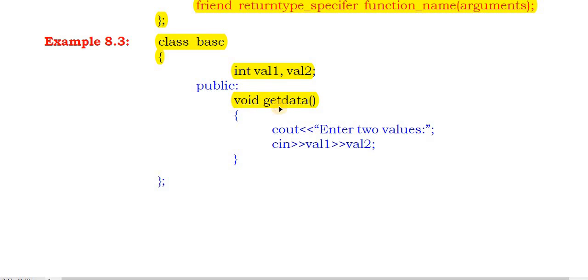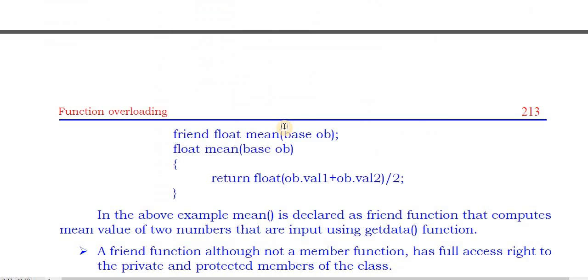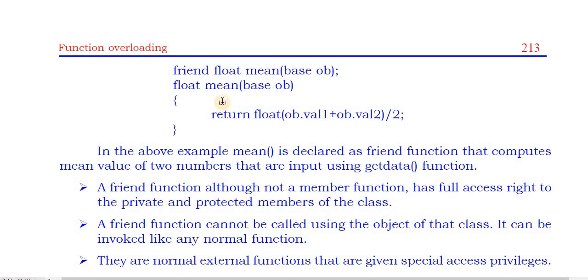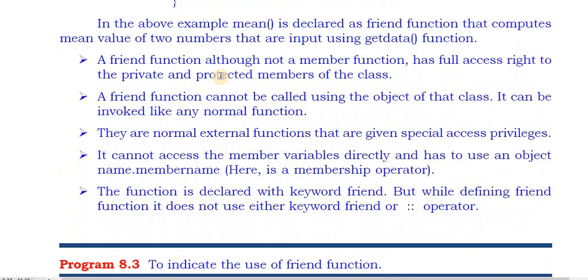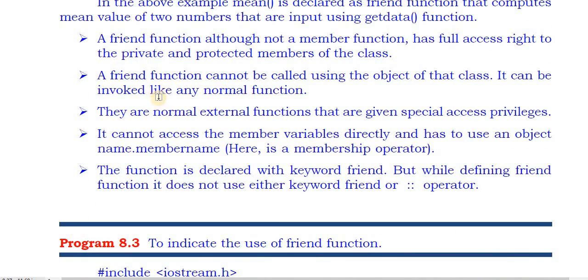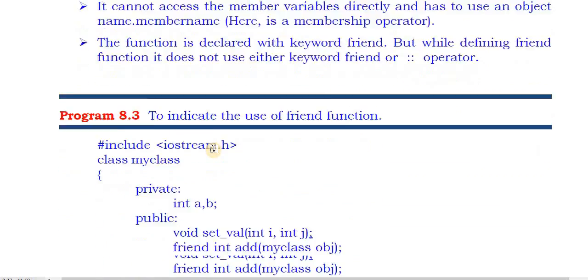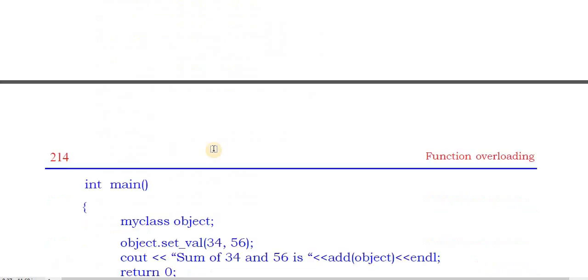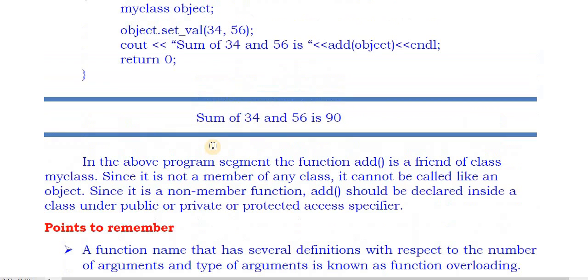Void get data is a member function, and this is the body of the function defined inside this class. And this is a friend function, so it is declared inside the class. These are the characteristics you have to write in the examination. It is already given in the notes also. So this completes chapter number 8.